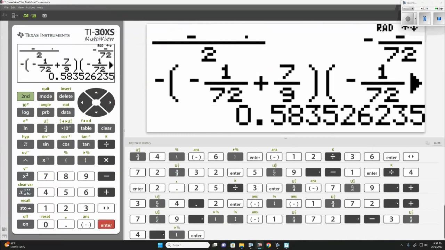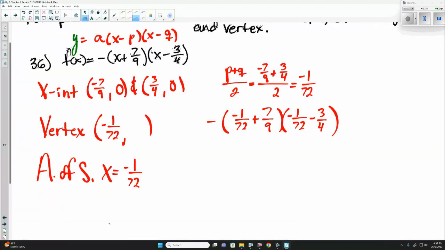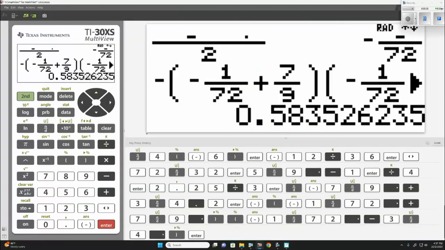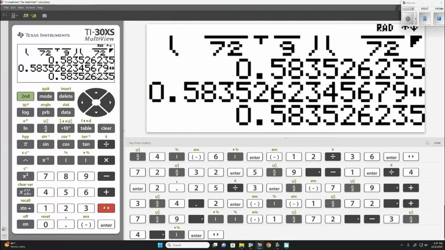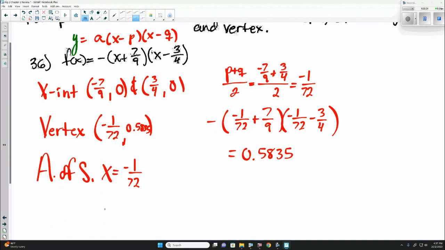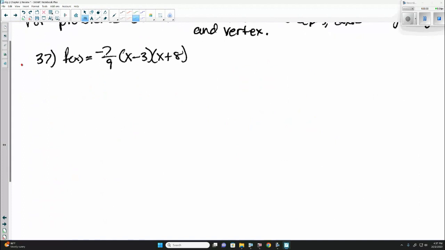We'll go out 4 decimal places, 0.5835. We could try to convert it back to a fraction, see if the calculator will do it, and it says no. And that brings us to the last problem.